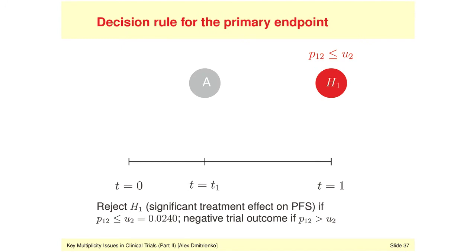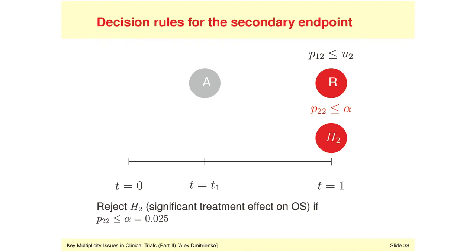And moving on to the final analysis, a significant effect on progression-free survival will be claimed if its p-value at the final analysis, denoted by p12, is less than or equal to u2. If we now assume that a significant effect on progression-free survival is established at the final analysis, we're of course going to wonder what we should do to assess the effect of this experimental treatment on overall survival.